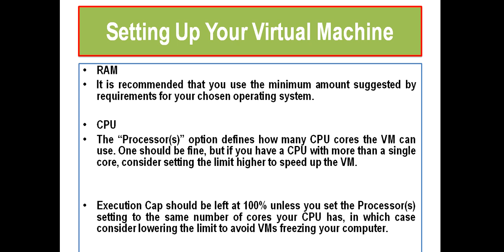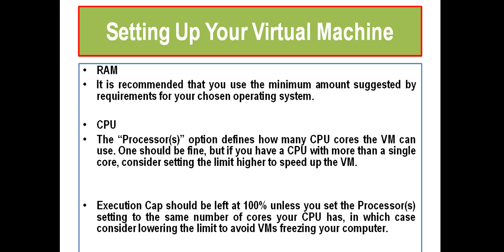Then about the CPUs, the processor option defines how many cores, meaning CPU cores, the virtual machine can use. One should be fine, but if you have a CPU with more than a single core, and nowadays we all have multi-core processors, consider setting the limit higher to speed up the virtual machine. Of course, if you increase the core number, it will speed up the virtual machine.